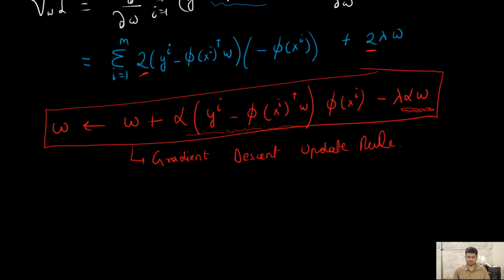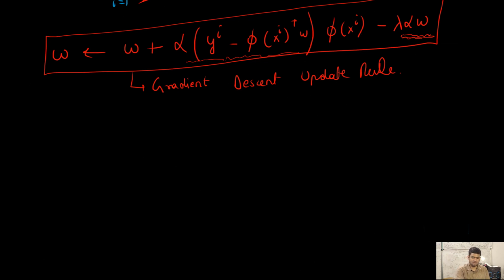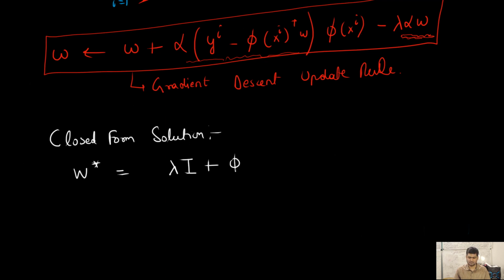So as you can see, the closed form solution is given by w star equal to (lambda I plus phi transpose phi) inverse times phi transpose times y.